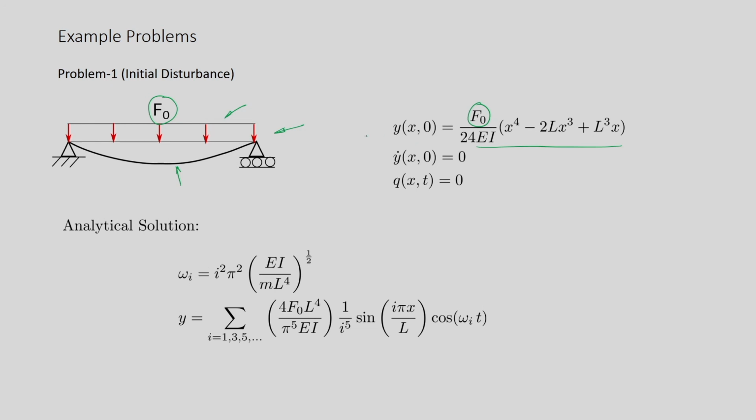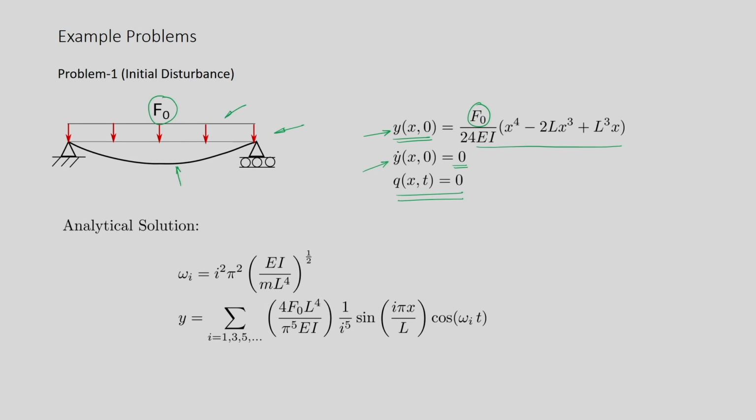So the initial displaced shape we have taken as the initial condition on displacement, and the initial velocity has been taken as 0, because we are not disturbing, there is no impulse, we just remove the load. So here the velocity has been taken as 0 and the external load q(x,t) remains 0 for the rest of the time.